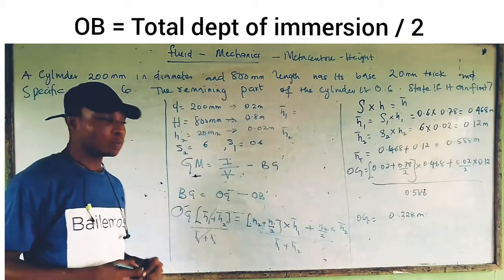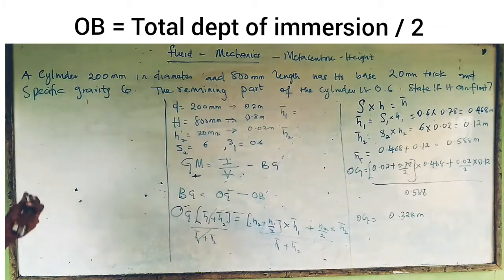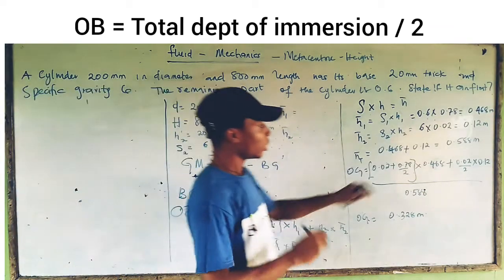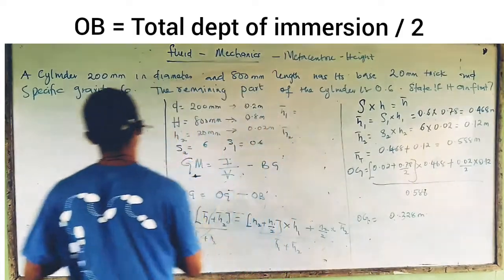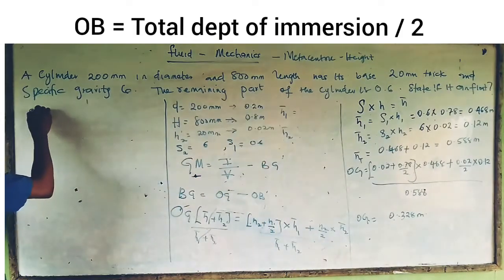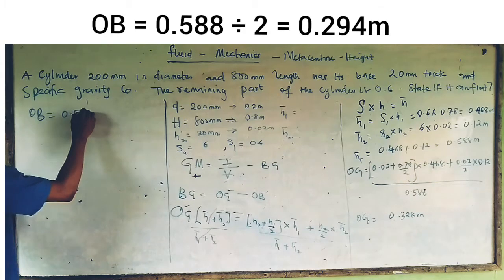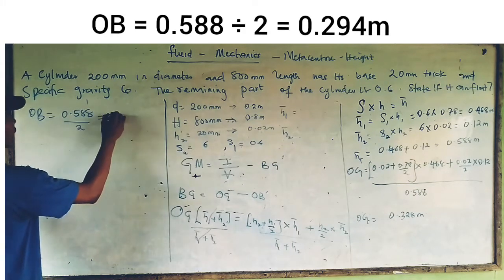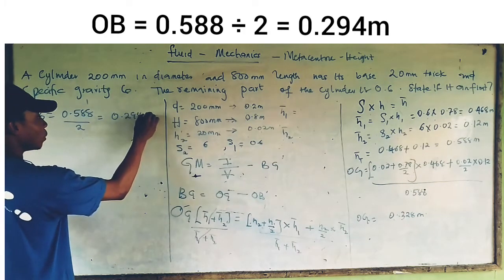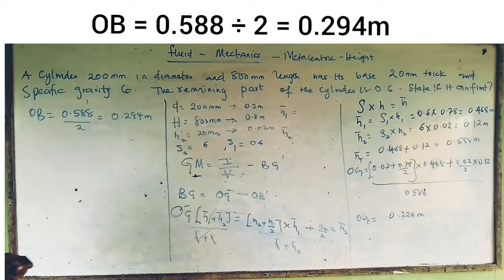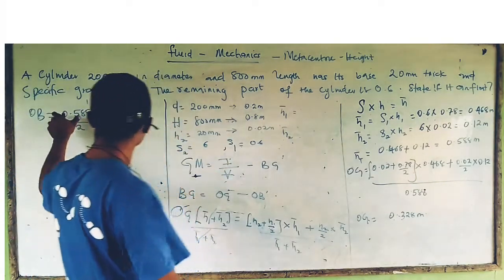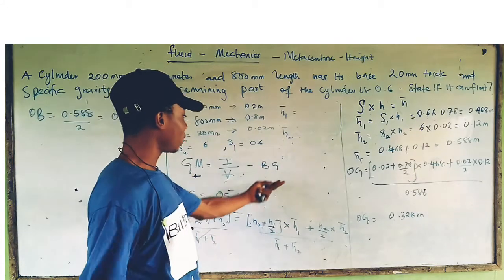So my OB is the total depth of immersion of the body, which you calculated as 0.588, divided by 2. So OB is 0.588 divided by 2, we have 0.294 meters. So the total depth of immersion divided by 2 gives me my OB.